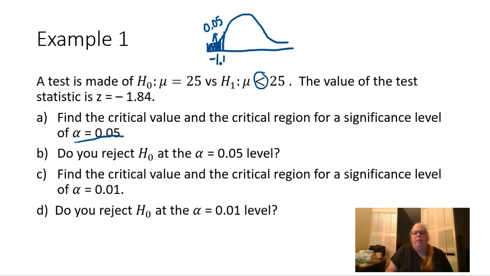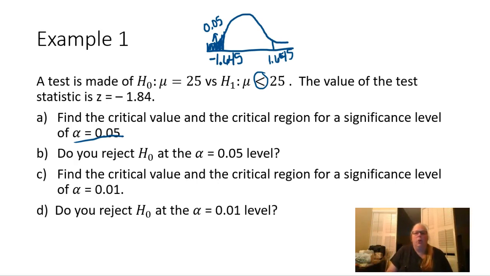Because of symmetry on my normal curve, if I know there's a point out here, positive 1.645, so that the area over here is 0.05, I know that there is a corresponding point back here, negative 1.645, so that the area is 0.05 to the left of it.